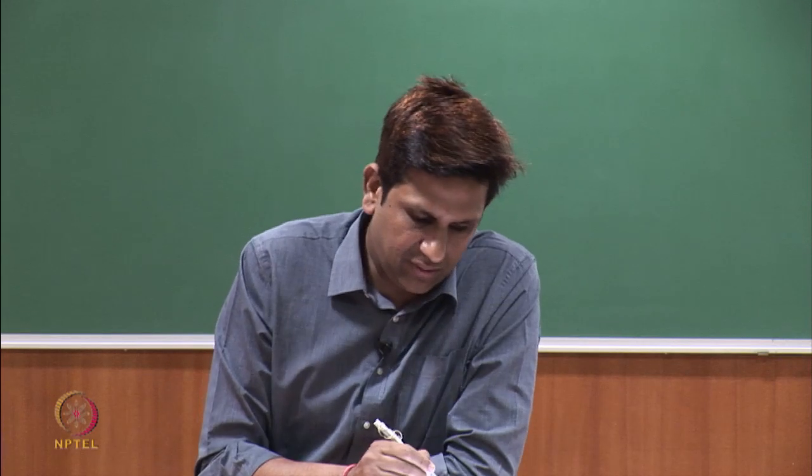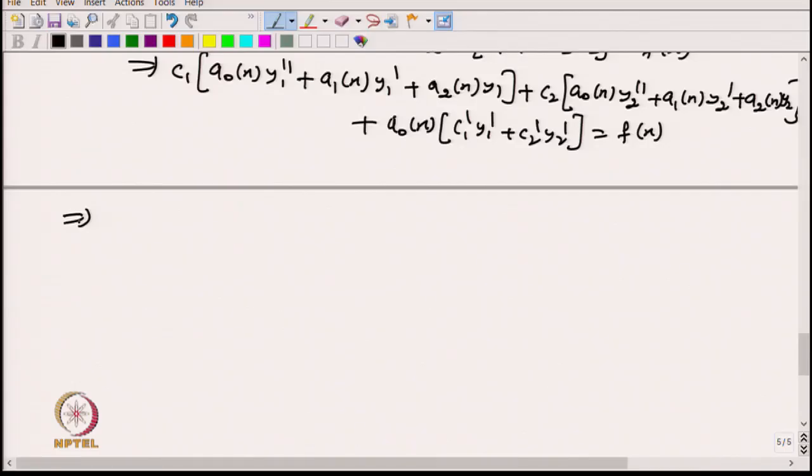Now, once I get this value, what about this equation? You see that y1(x) was the solution of the corresponding homogeneous differential equation, and y2 was also the solution of the corresponding homogeneous equation.